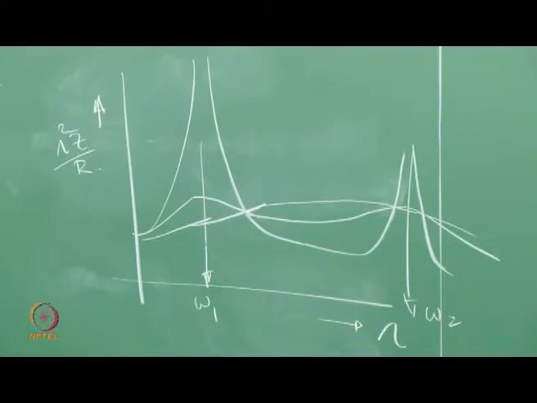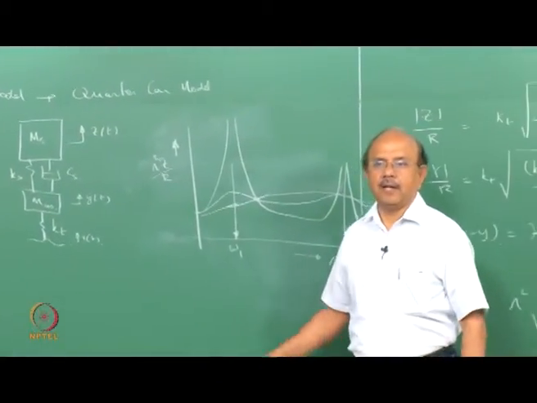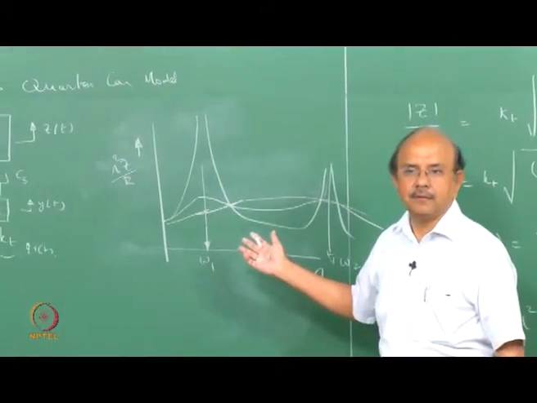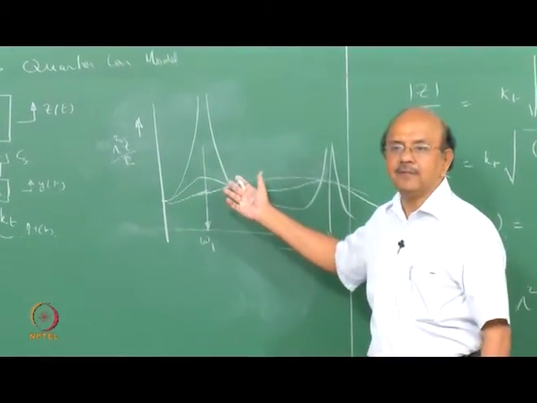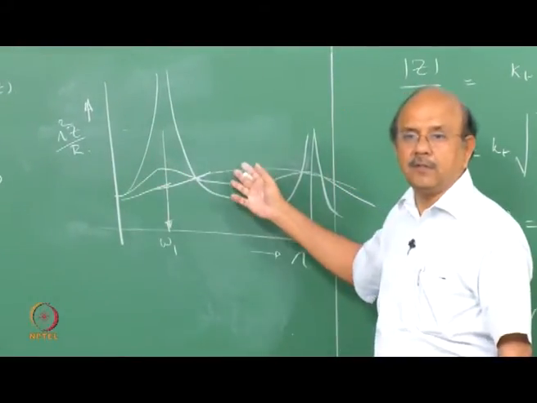In other words, without damping, I have two peaks, and with various values of damping, I have curves where it will be bad, it will be good, and so on.